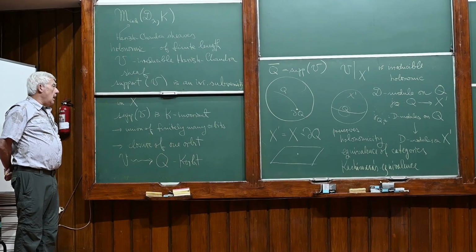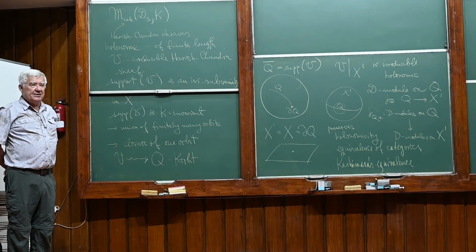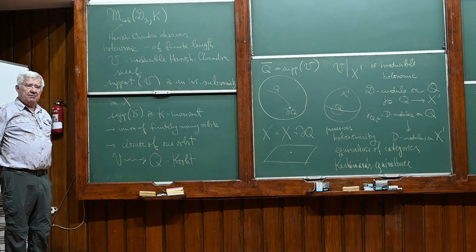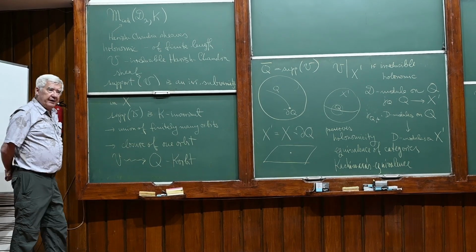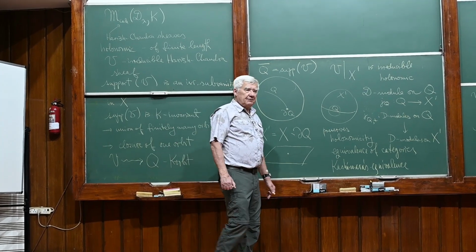I mean, the closure of Q will be highly singular. This is the reason why, say, Kazhdan-Lusztig polynomials are so complicated, because they are determined exactly by the geometry of the boundary.